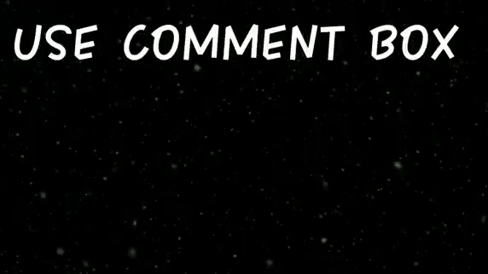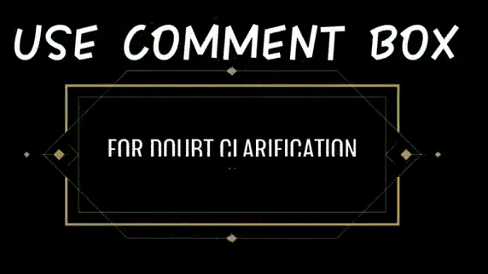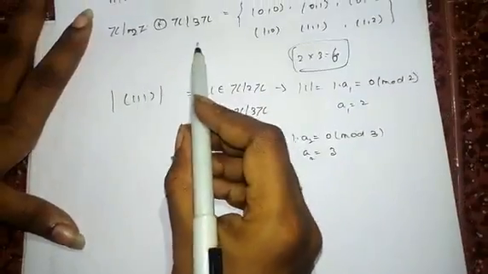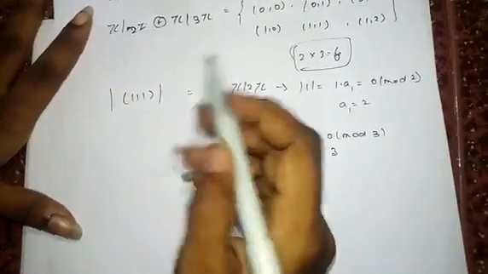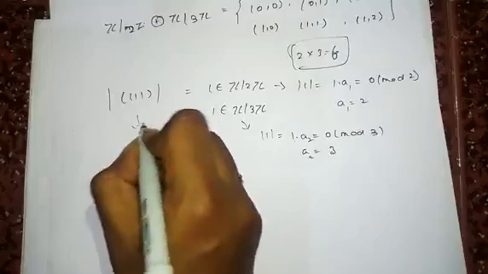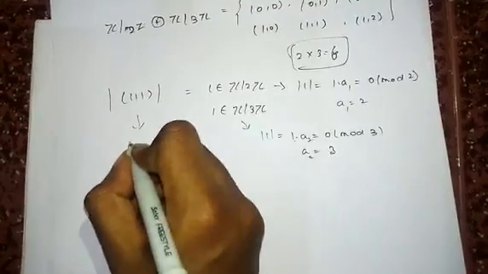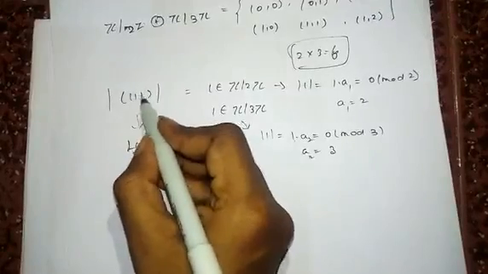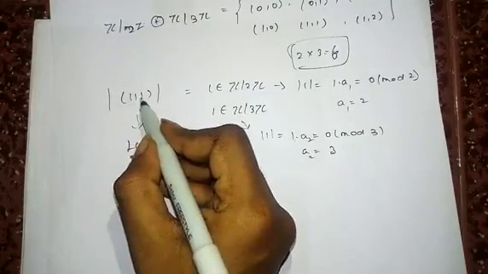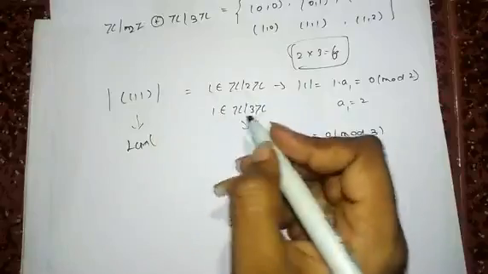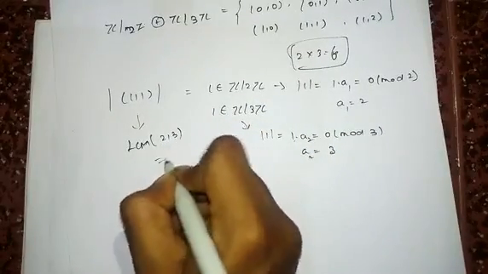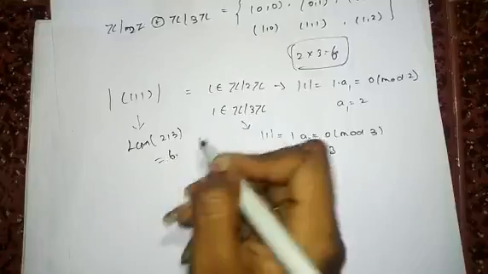So the order of (1,1) in Z modulo 2Z direct sum Z modulo 3Z is equal to the LCM of the order of 1 in Z modulo 2Z and the order of 1 in Z modulo 3Z. So it is LCM of 2 and 3, which is equal to 6.